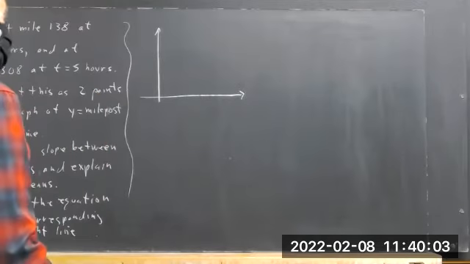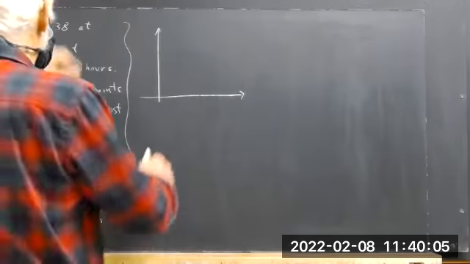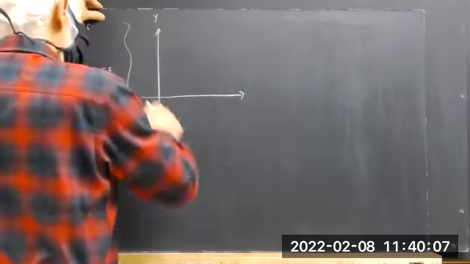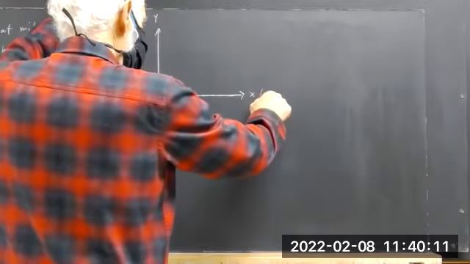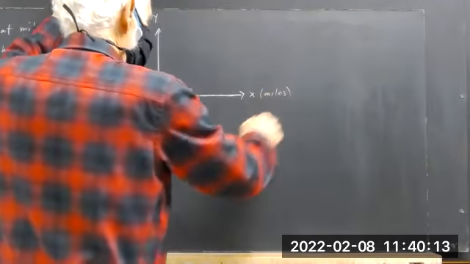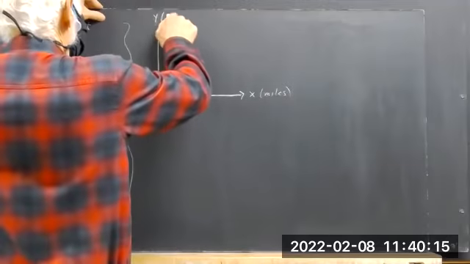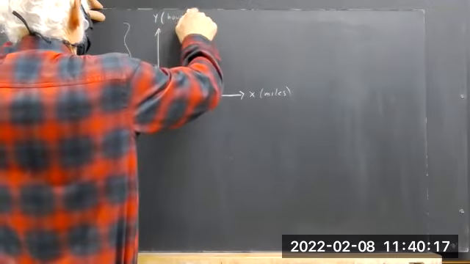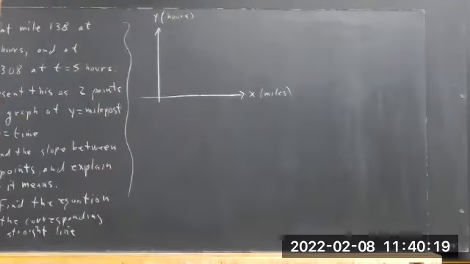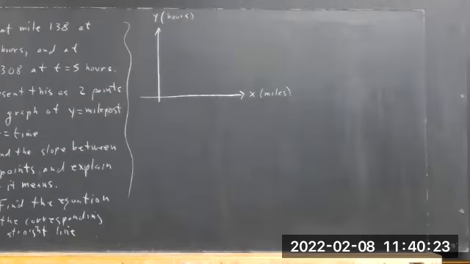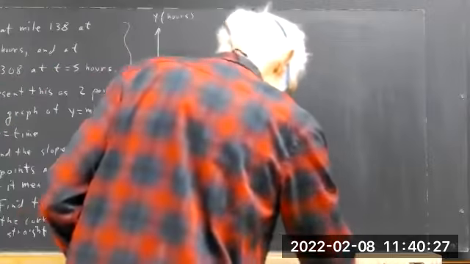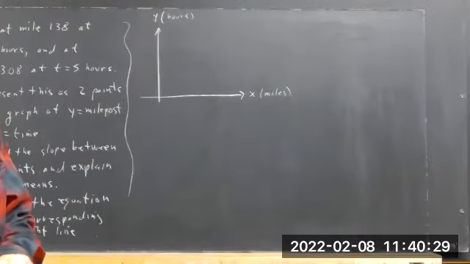So I'll put y up here, and I'll call this x. And label the units on these things so you know that this is miles, that's hours. Okay. And then you realize that you labeled it wrong, so you go back and label it right.